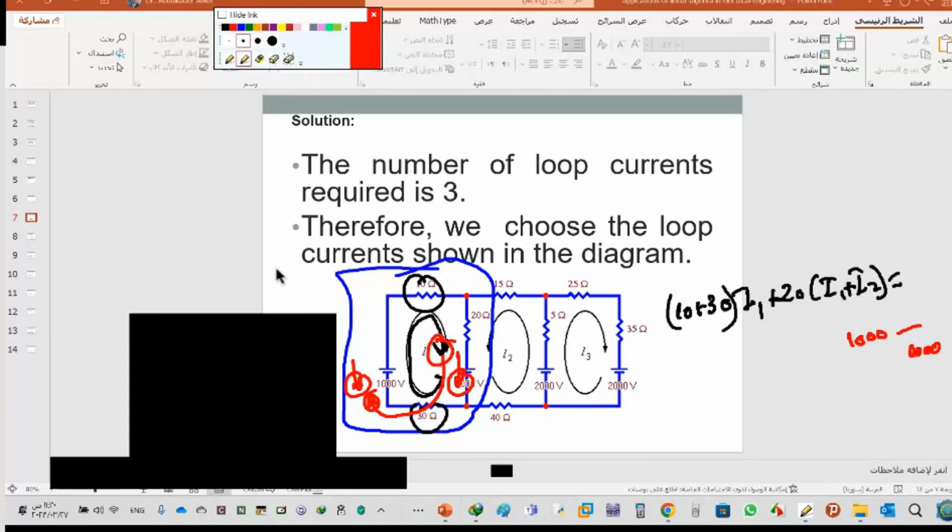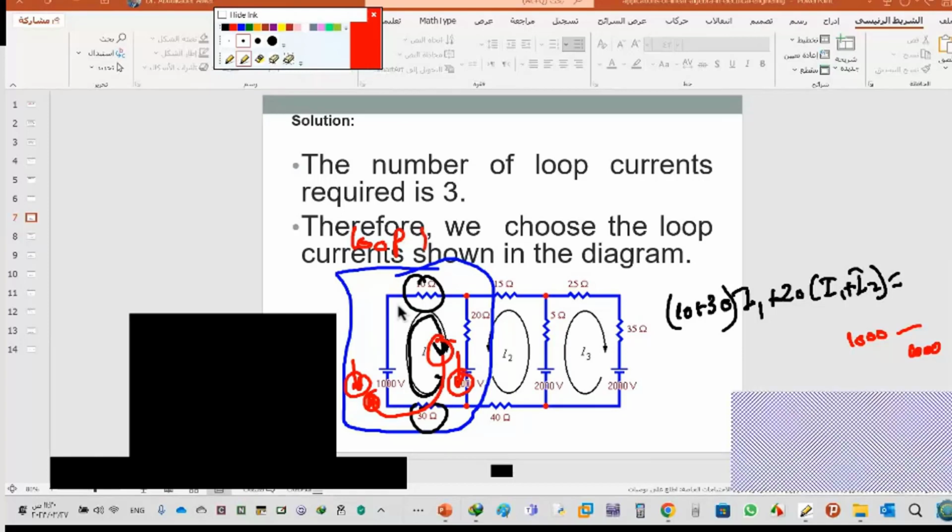Is it clear? The first formula is clear for you in loop 1? Should I repeat or is it clear for you?